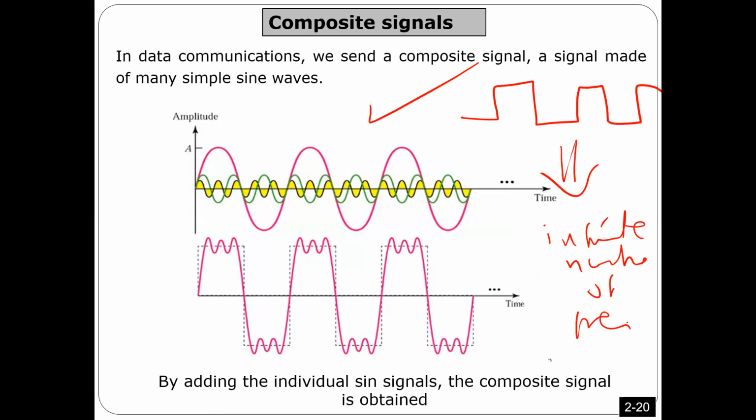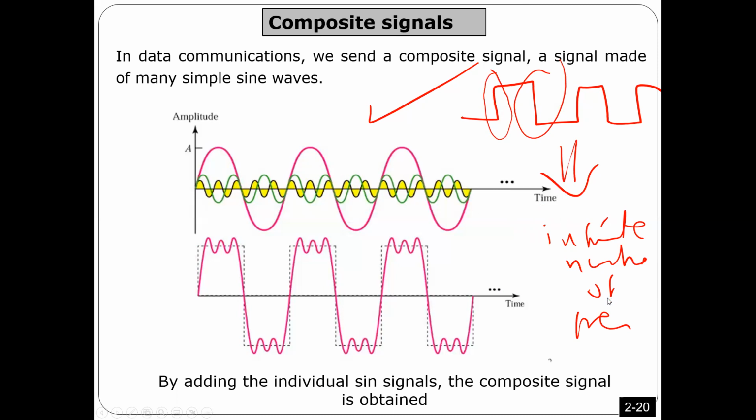And the reason for that is because there is a rapid change here and here. To handle this rapid change, we need too many frequencies. So if you have a square wave like this one, in order to get the exact square wave, I should have not only three signals here, but an infinite number of frequencies.